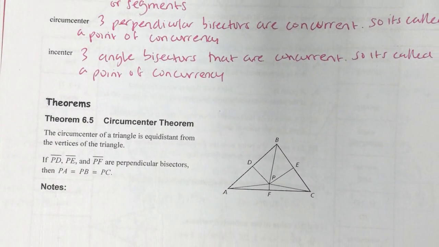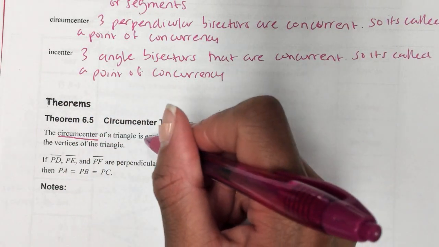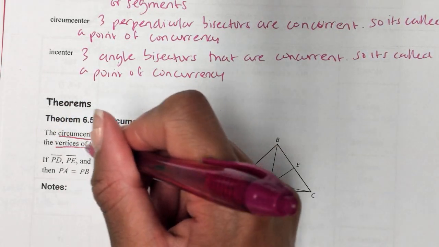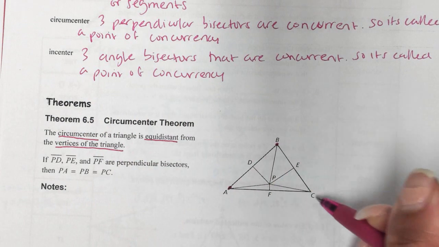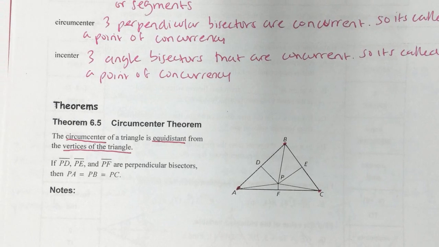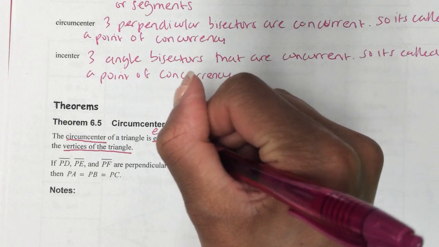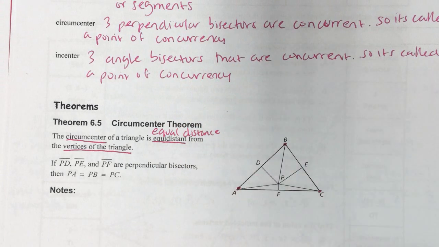So the circumcenter of a triangle is equidistant from the vertices of a triangle. So the vertices, remember, are pretty much your endpoints. So A, B, and C are your vertices. Those are your points in those triangles. Equidistant, remember, sounds like equal distance. Okay?